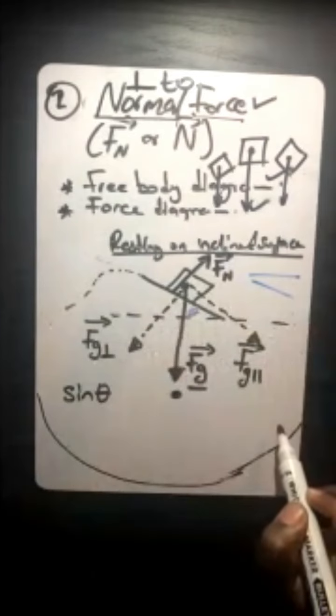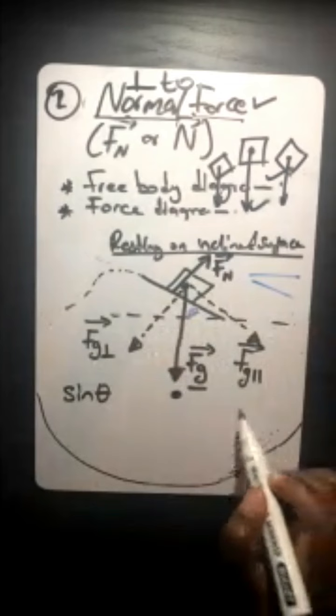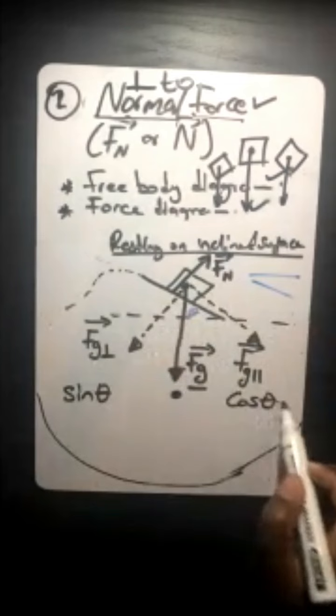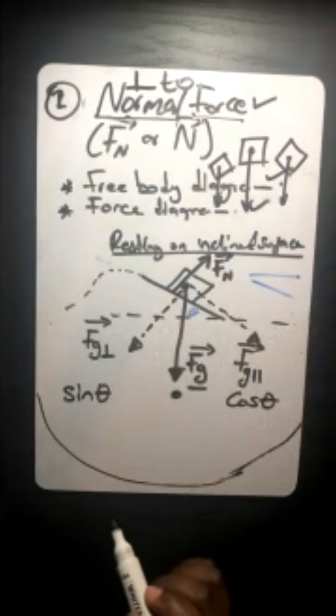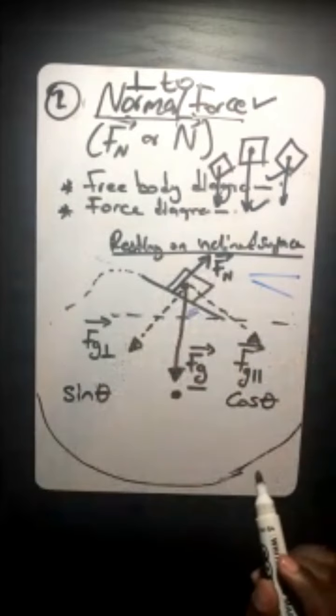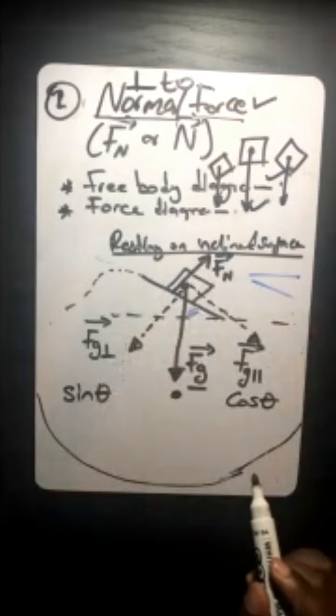And we said the horizontal component is the one with cos angle. We will explore some of that information as we continue with our lesson. But so far, guys, did you understand that drawing in terms of how it was broken down?